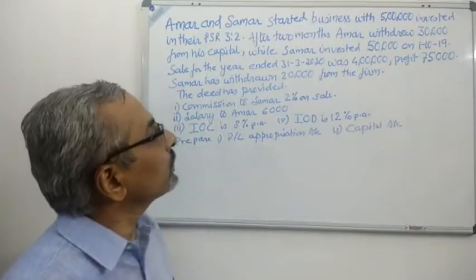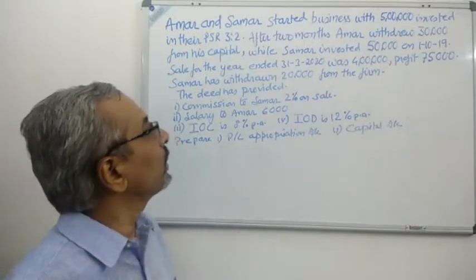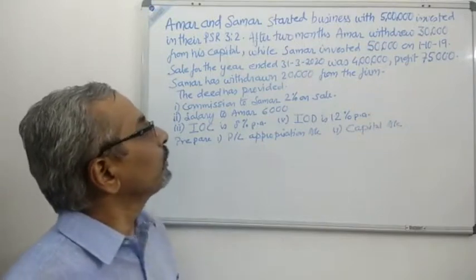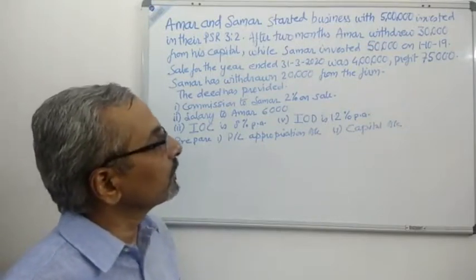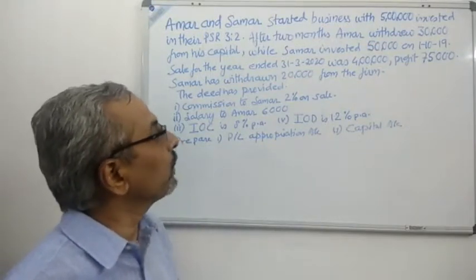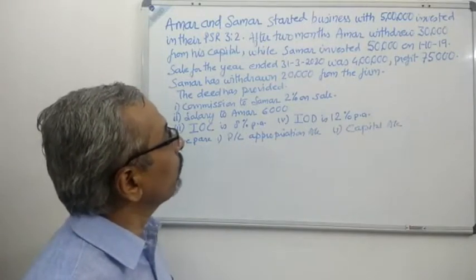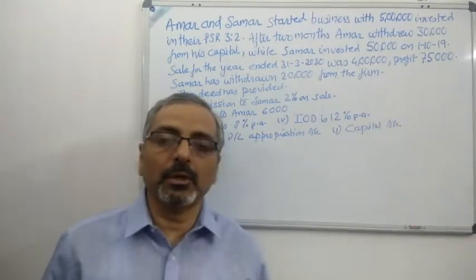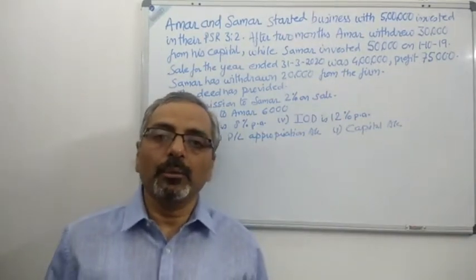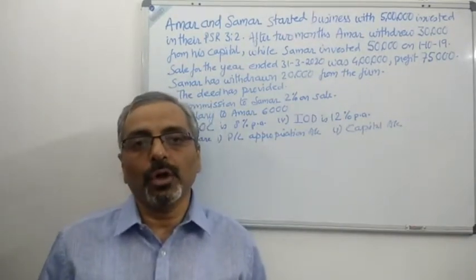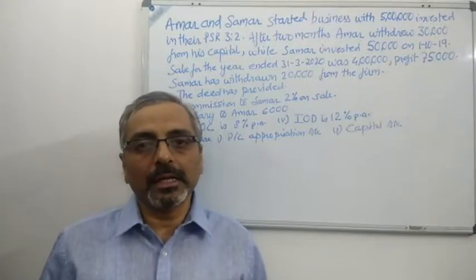After 2 months, Amar has withdrawn 30,000 from his capital, while Samar has invested 50,000 on 1st of October 2019. Sale for the year ended 31/3/2020. So the year is ending on 31/3/2020, which means the year started on 1st of April 2019.